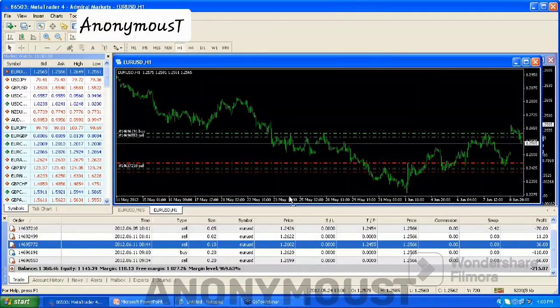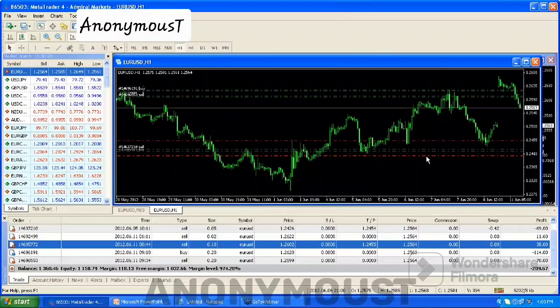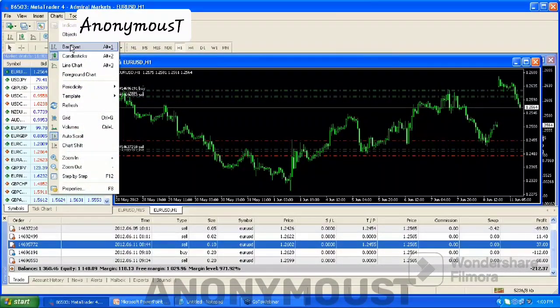Fine. So now this is a typical chart of the EUR/USD. Let's make it candlesticks. Now we'll zoom in a little so we can see the candlesticks in a proper shape. Charts, bar sticks, candlesticks.